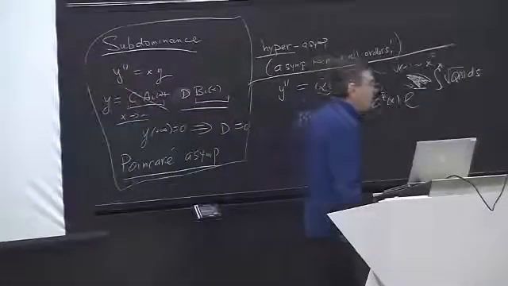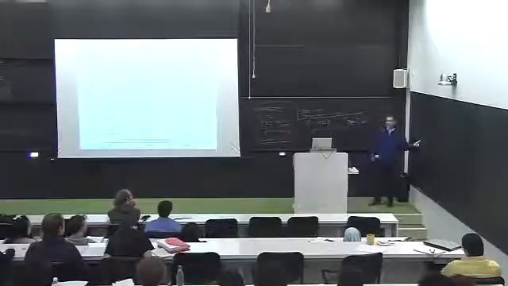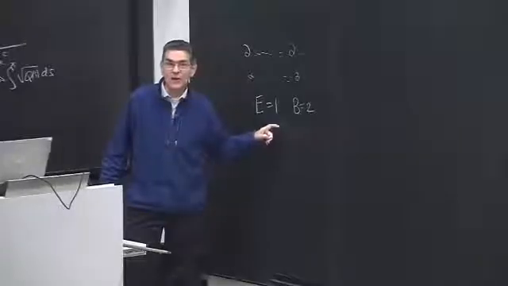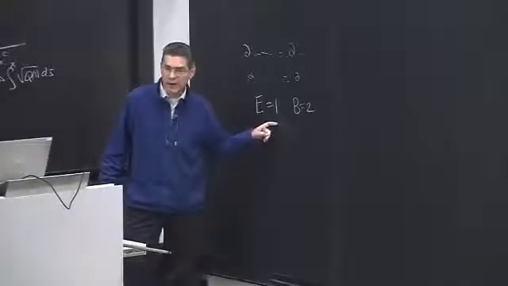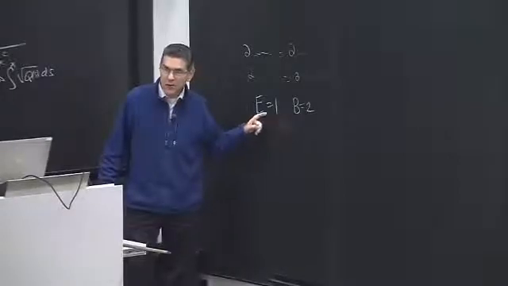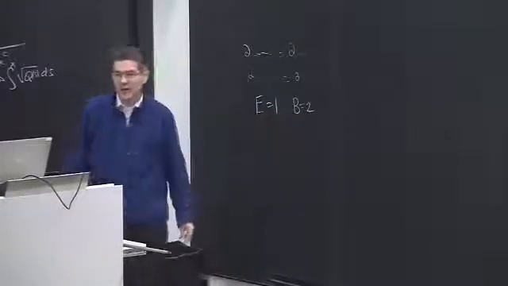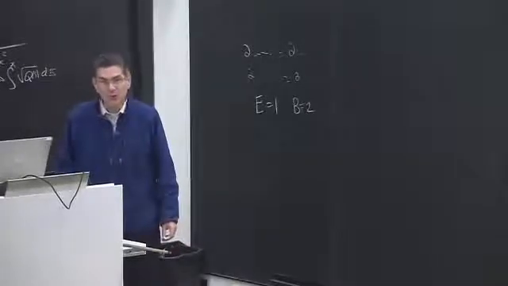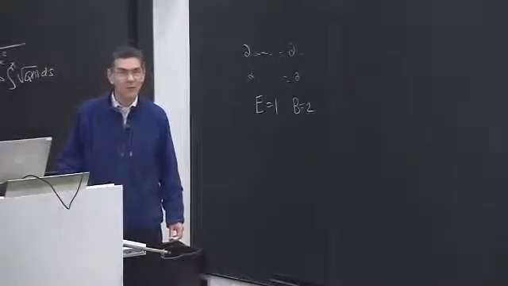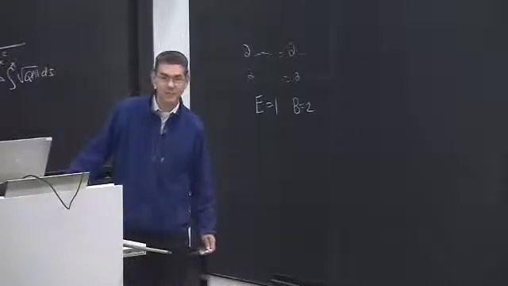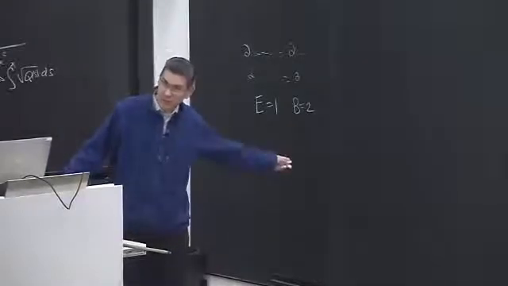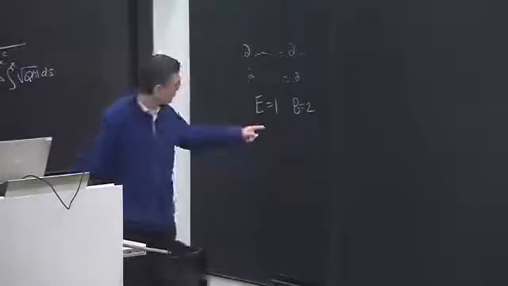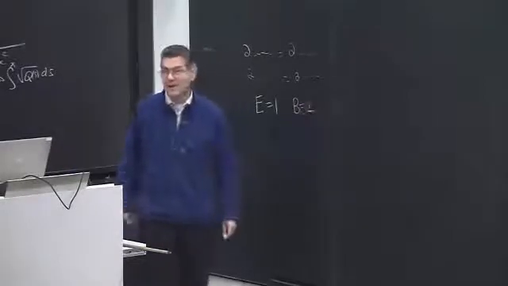Except this isn't vanishing at infinity. It violates whatever the boundary conditions are at infinity. The electric field cannot be 1 at infinity. Why? Because the voltage, what's the voltage? It's the integral of the electric field, right? So the voltage would be growing linearly at infinity.